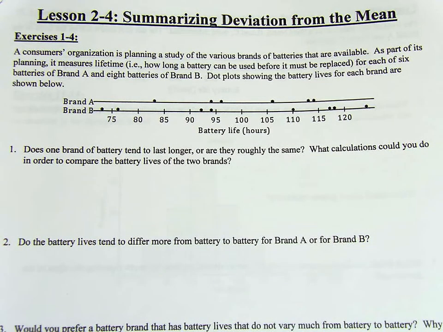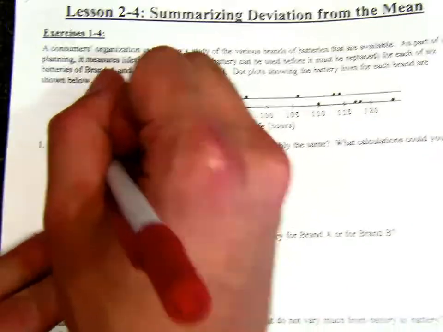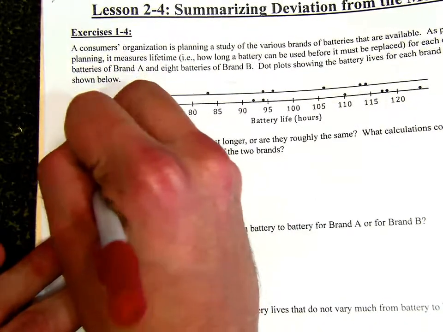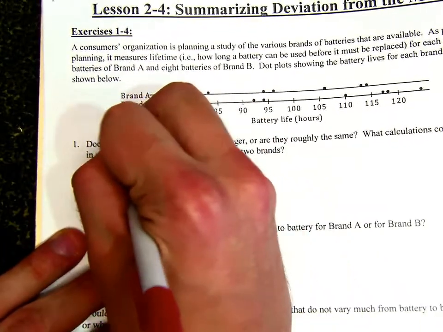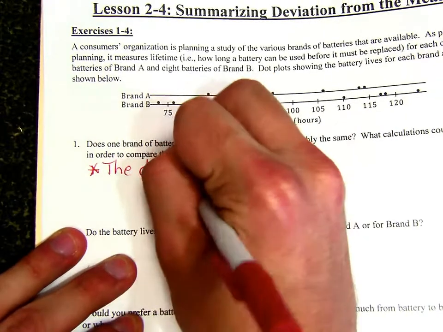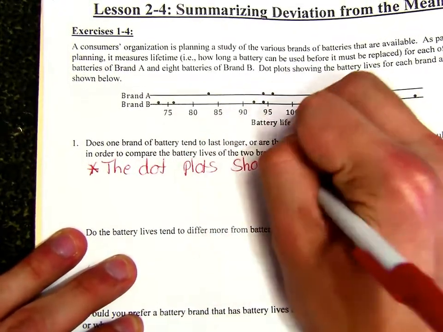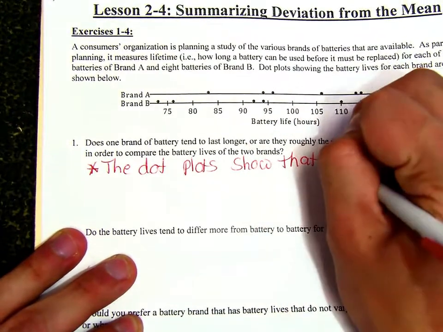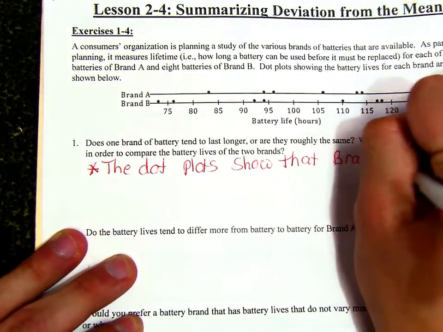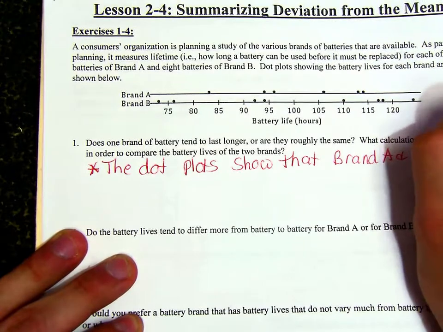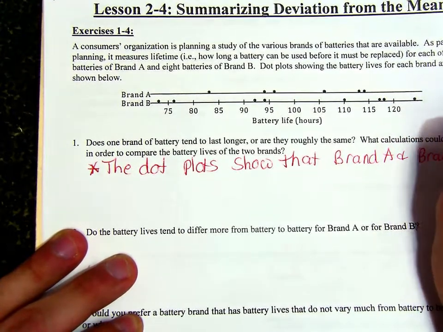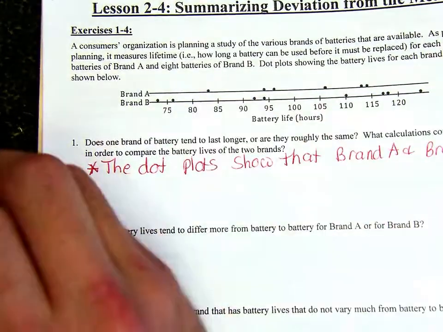And the same thing with A. So we can say that the dot plots show that brand A and brand B are about the same.